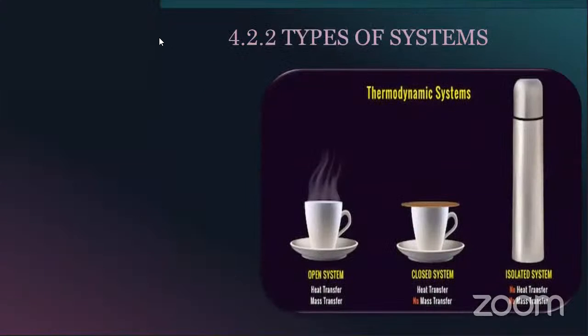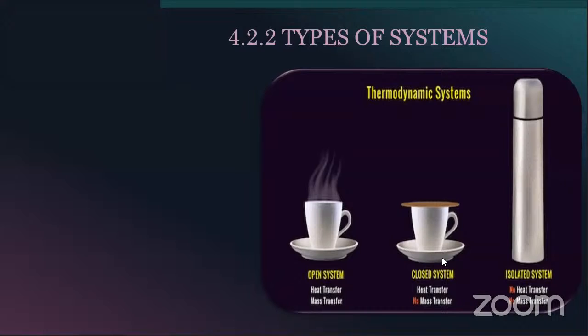So what are the three types of systems that we have? From the picture itself you can recognize them. Please remember this point is very important. Open systems, closed systems, and isolated systems. In an open system, both heat and mass can transfer.